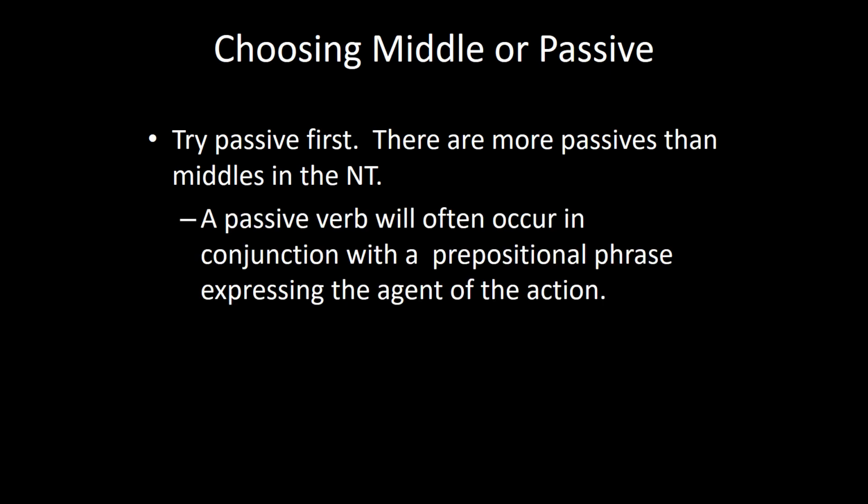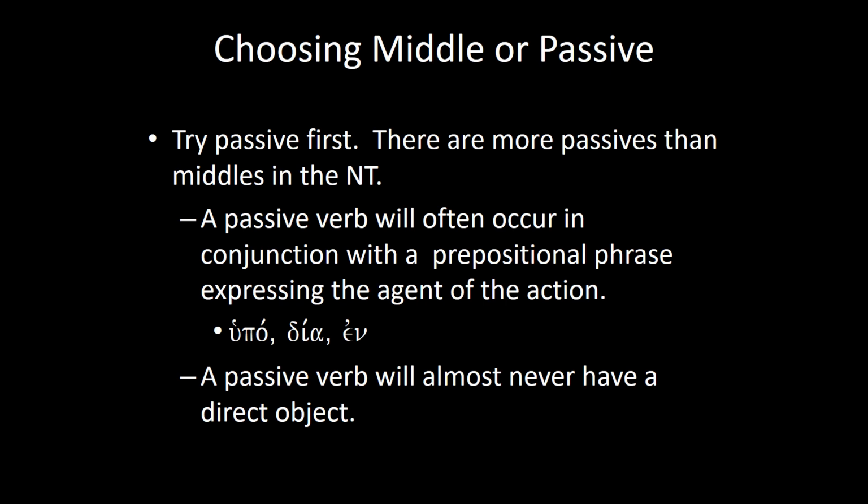And remember, a passive verb will often occur with an agency phrase. This is that prepositional phrase beginning with hupo or dia or en, telling you who performed the action of the verb. And so if you see that agency phrase, the verb is probably passive. Remember, hupo, dia, or en.